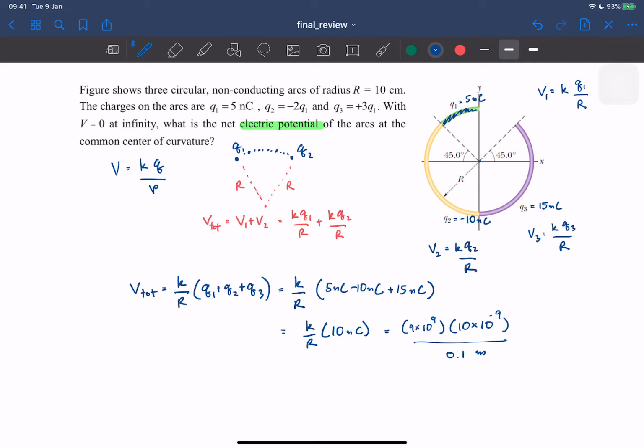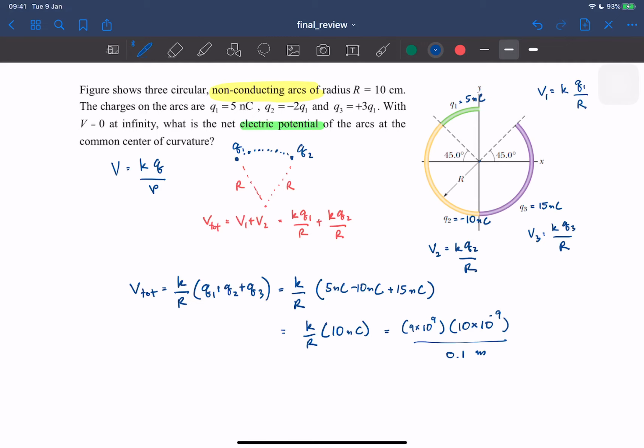Any question here? One thing I want to point out is, what's the relevance of this piece of information? It's a non-conducting arc of radius, whatever. So what if this is a conducting material?